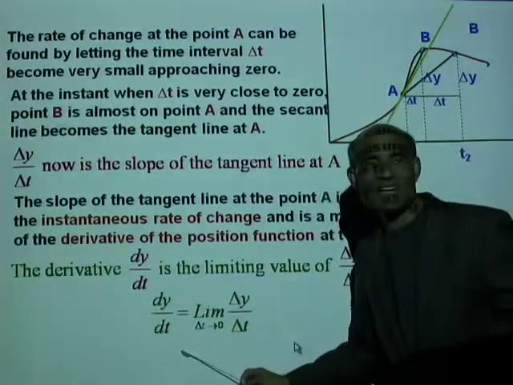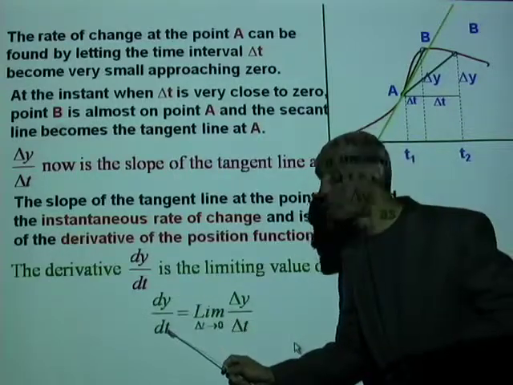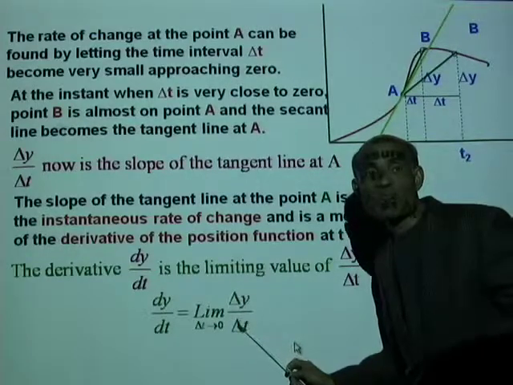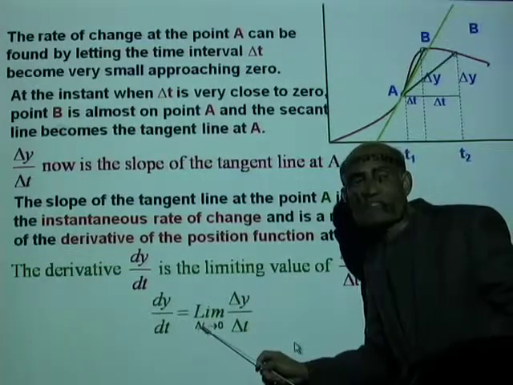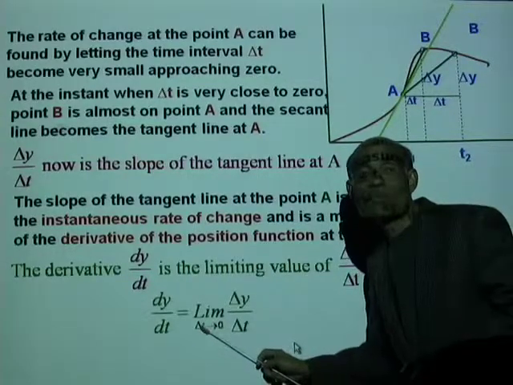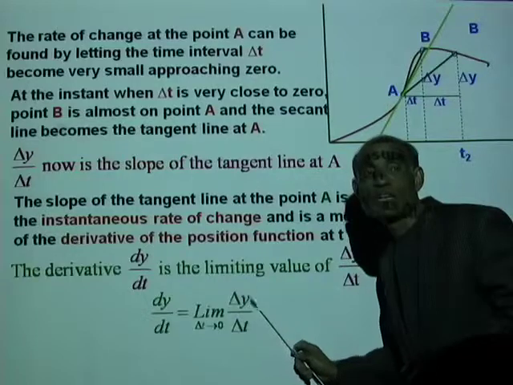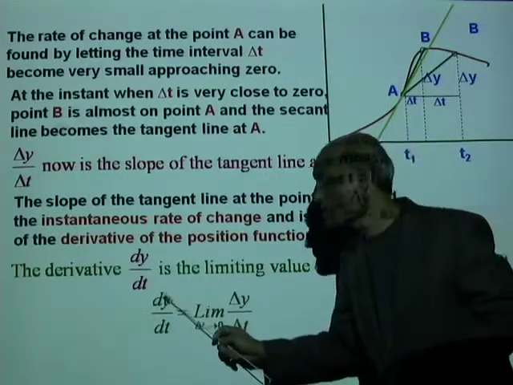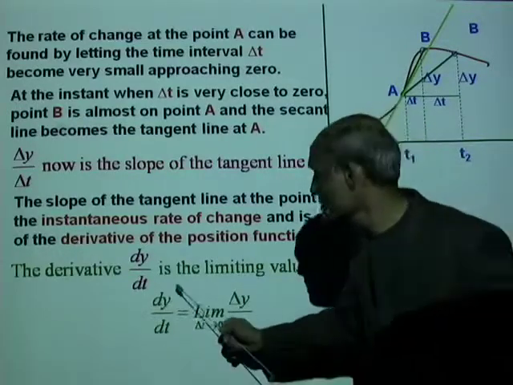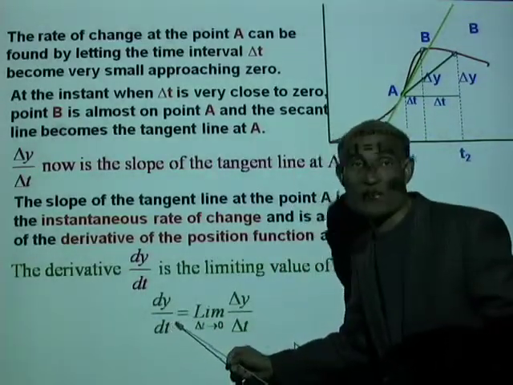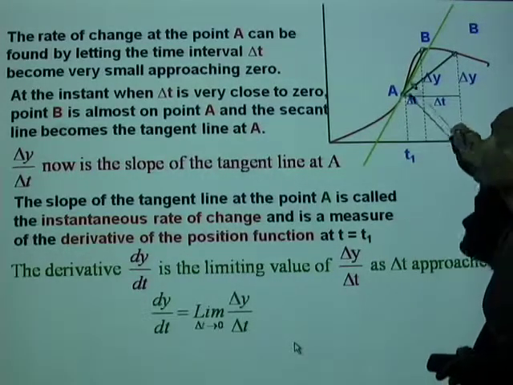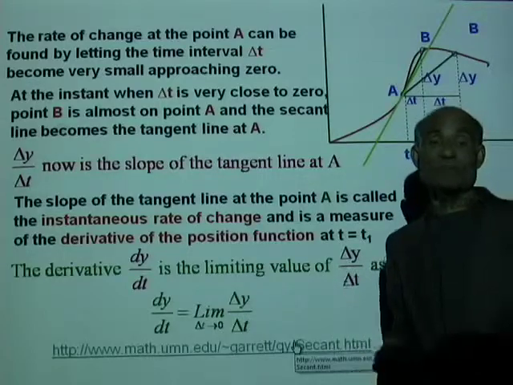And look at the way we write that in calculus. dy by dt is the limiting value of delta y by delta t when delta t approaches 0. In the limiting case, when delta t approaches 0, delta y by delta t is called dy by dt, which is the derivative of y with respect to t, and it is a measure of the slope of the tangent line drawn at the point A.